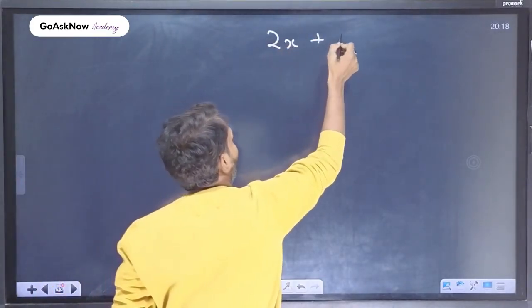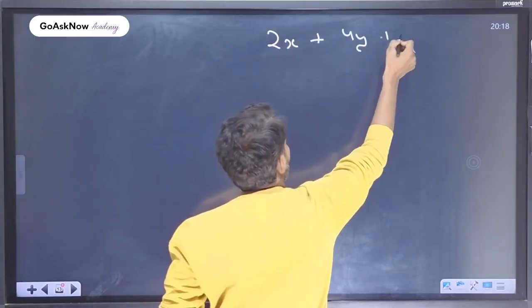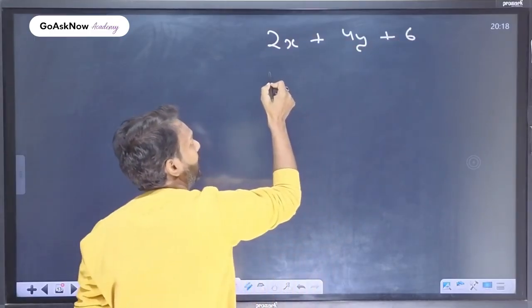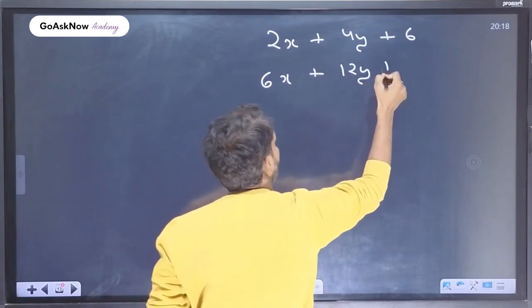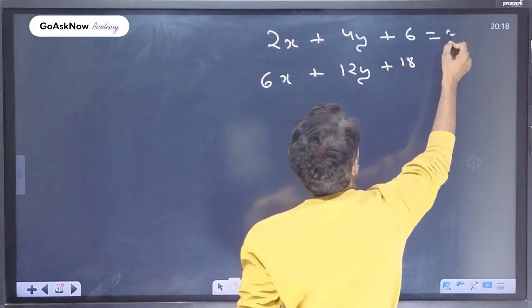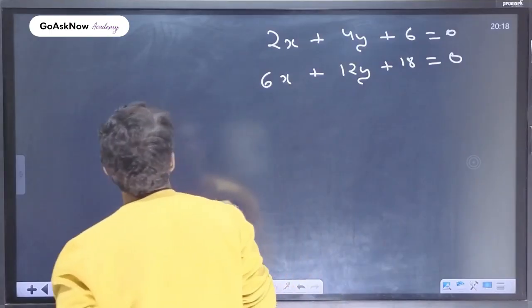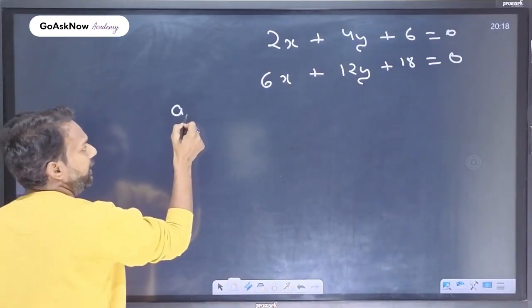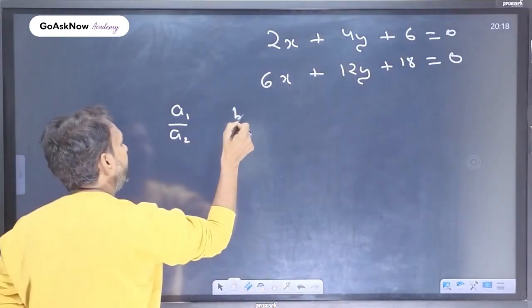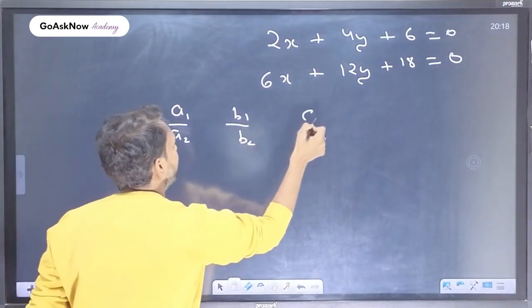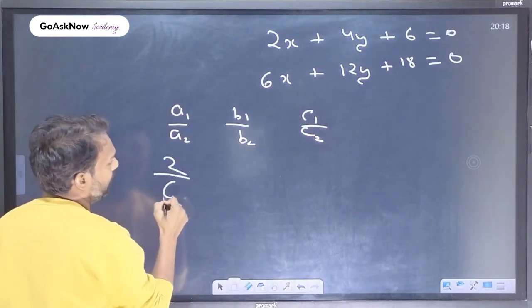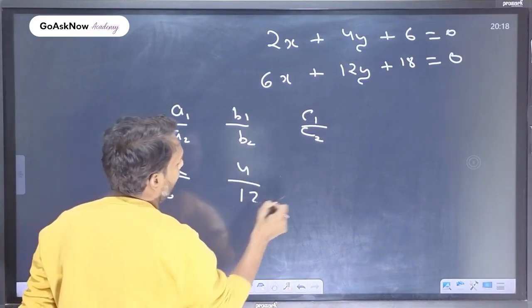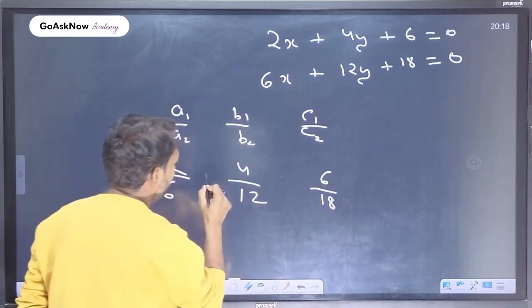Now if 2x + 4y + 6 = 0 and another equation is 6x + 12y + 18 = 0, then again a1 upon a2, b1 upon b2 and c1 upon c2. We see that 2 upon 6, 4 upon 12, 6 upon 18.